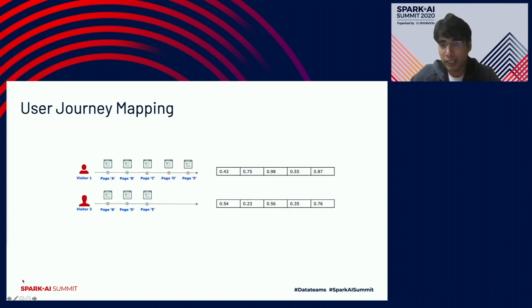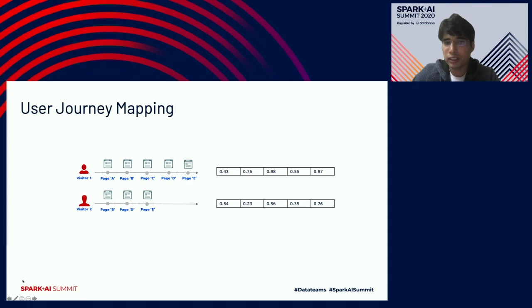To take it one step further, we use these embeddings to convert the customer journey into a representation as well. In this case, you would see visitor one goes through different pages, and for each of these pages, we have already learned the embeddings. So we take a weighted mean of all of these individual embeddings and come up with a vector representing this user.